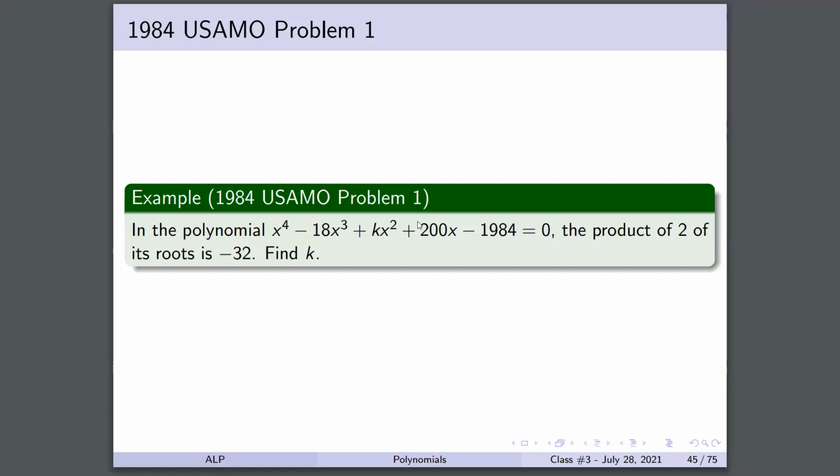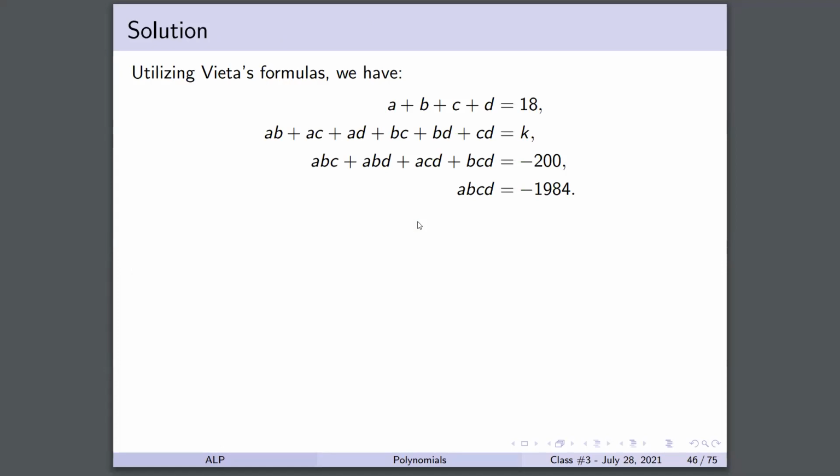Now we are dealing with an USAMO problem. In the polynomial x to the power 4 minus 18x cubed plus kx squared plus 200x minus 1984 equals 0, the product of two of its roots is -32, and we have to find k. So we can use Vieta's, which is symmetric sums again. So remember, this is -b over a.